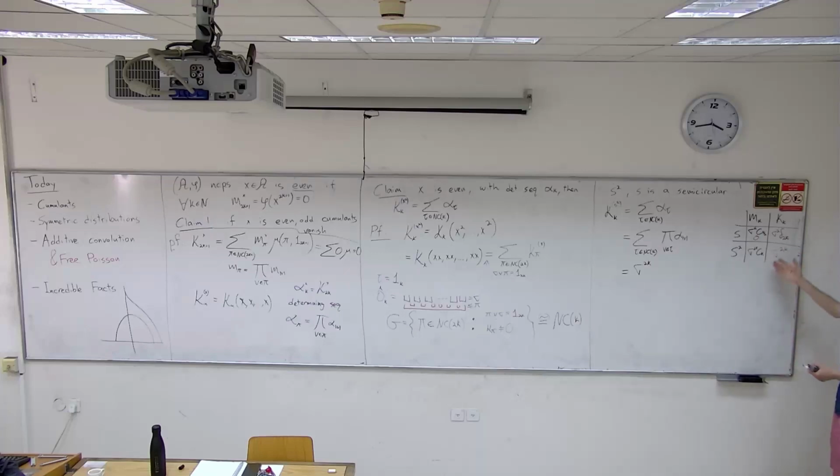Encoding a semicircular element, we have a very simple description using cumulants. If I square it, things start looking funny, and we'll try to understand what this is.